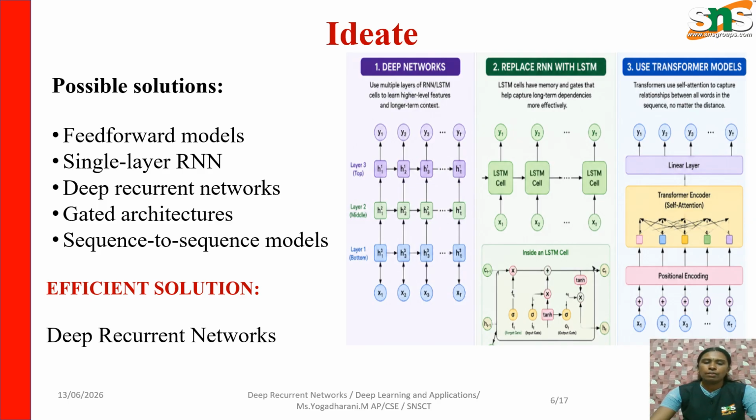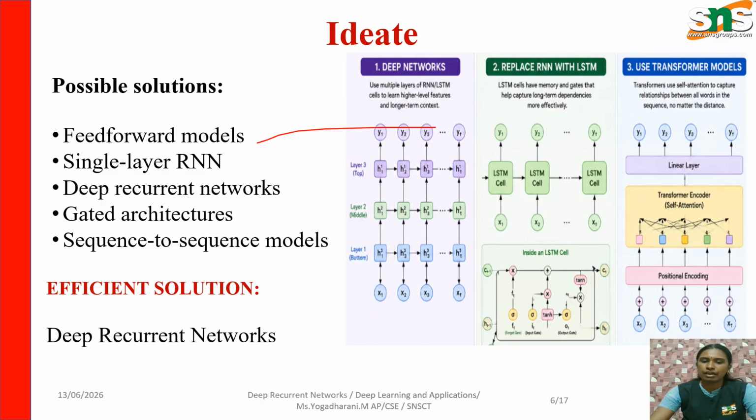The possible solutions here are: feed-forward models, which process data independently, need no memory, and are not suitable for sequences. Single layer RNN has memory, but limited learning capacity.